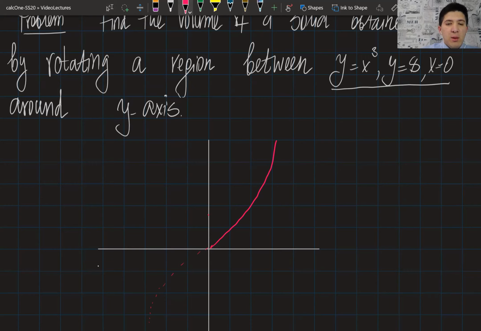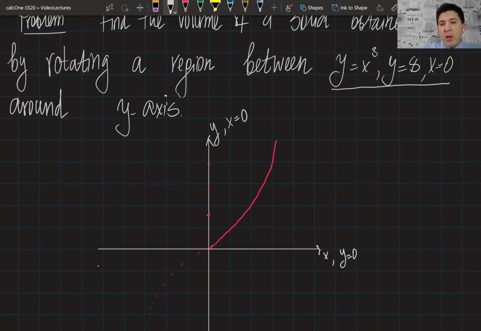For example, this point or this point or this point, for all of those points, x coordinates are equal to zero. So basically, this is the y-axis. The y-axis is actually the x is equal to zero curve. So this is the x-axis, which is the y is equal to zero curve.